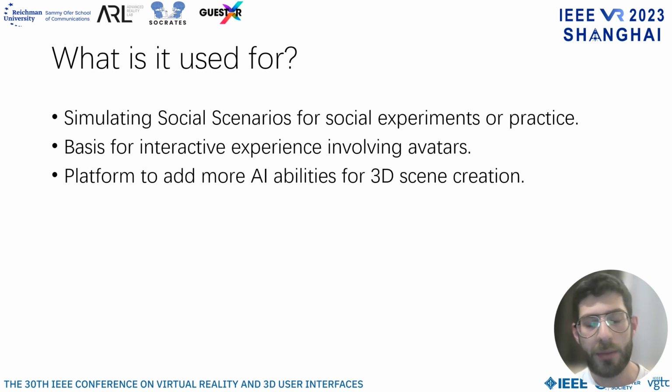We also found that Inceptor is very easy to use as a boilerplate, meaning to start a social interaction scenario from it, and from there evolve to building more complex things, sometimes involving code. We also see it as a platform to add more and more AI abilities to 3D scene creation.